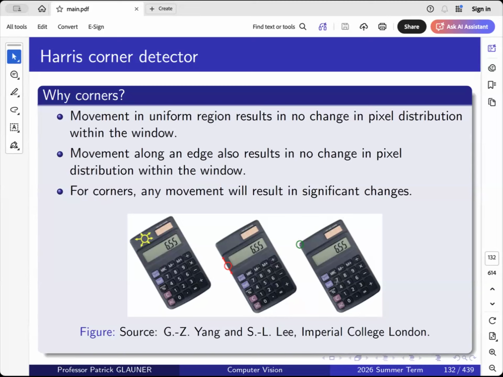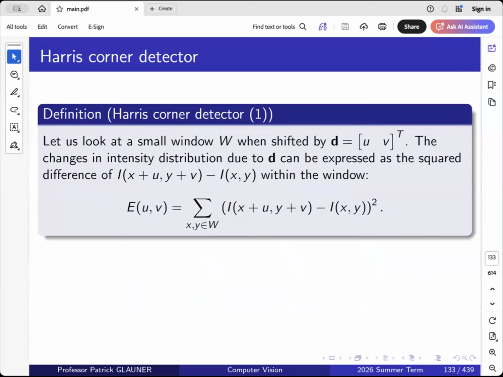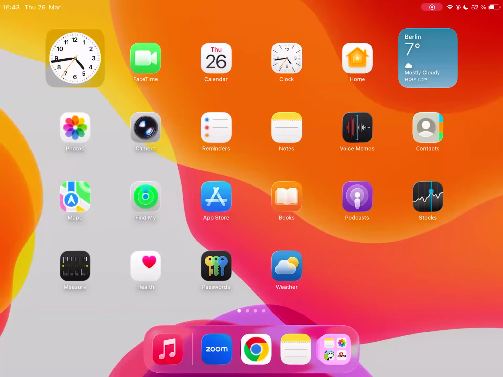And obviously, if I apply a corner detector to an image, I would not just get that one corner, I would get a lot of corners. And calculating them is actually not that expensive. Then I have a lot of corners and I can process them further in the pipeline, as we will see next week. Now, we will see how we can detect corners. And for this, I will switch to my iPad and we'll build this together.